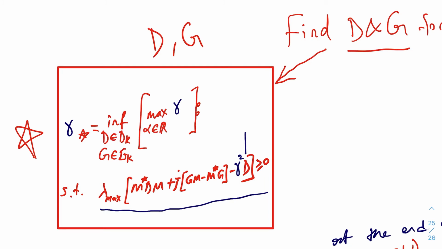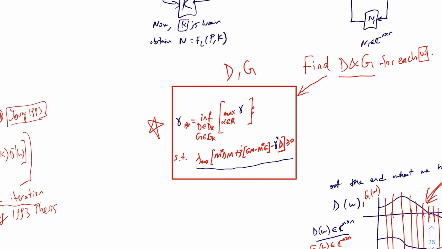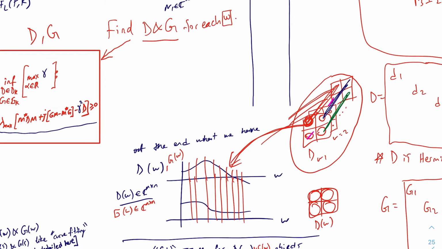And for fixed gamma, look at this. D is linear, G is linear, and M is linear, right? So this is something that can be solved by using typical LMI methods.